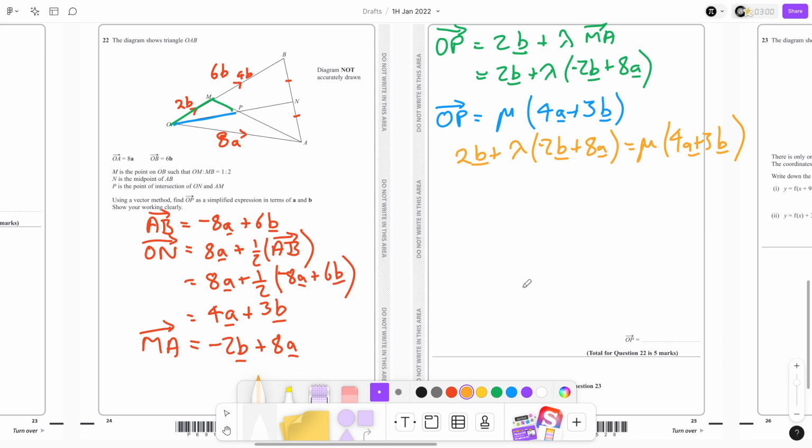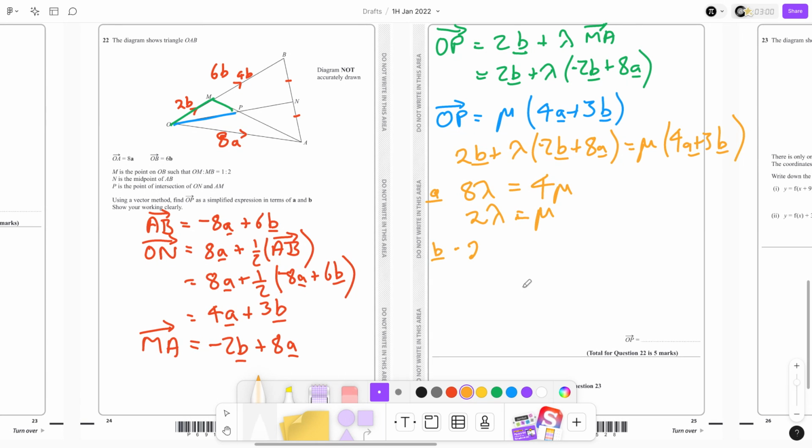So if they're equal, we know that the number of A's is equal, and the number of B's. Well, let's look at the number of A's. We've got 8 lambda A's on this side, and we've got 4 mu on this side. So we know immediately that mu is 2 times lambda. So that was looking at the A's, so we now look at the B's.